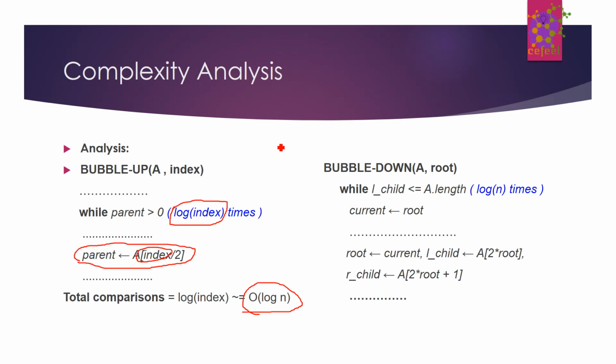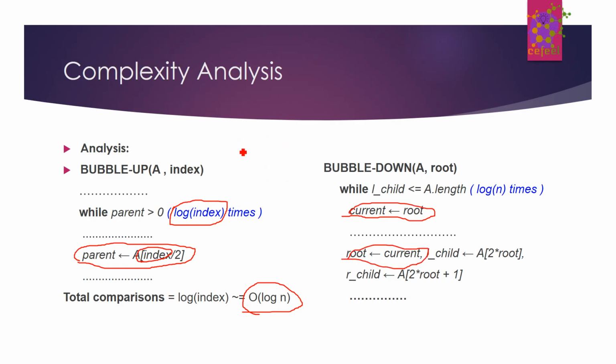Now let's see the bubble down process, which looks like this. Bubble down takes A and the root element, and we have a loop in which we calculate the left child, which starts from the root and goes till the end of the array. Every time, we swap, we make current the root, and the root now points to the current.